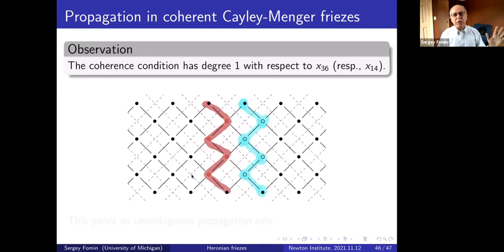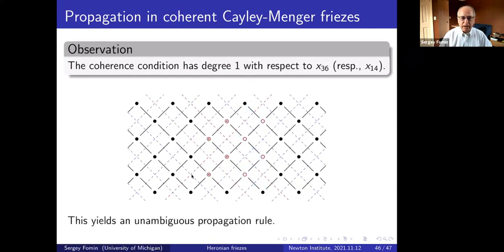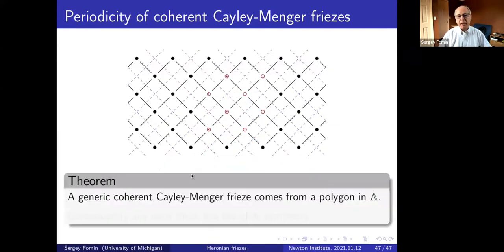Okay, so starting from here, there is a unique propagation to the right because we resolved the ambiguity. We kind of rationalized our recurrence in the sense of making it rational as opposed to quadratic, having to solve the quadratic equation. And now everything works, and we get a frieze which actually generically comes from a polygon.